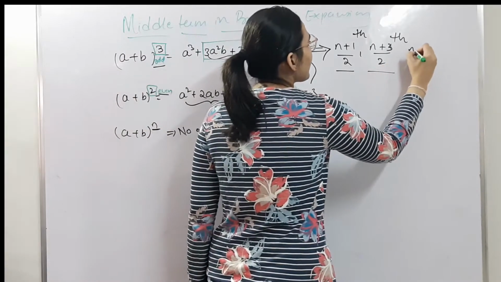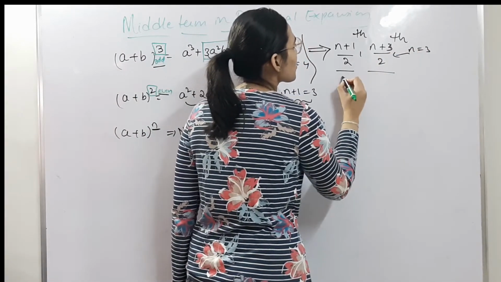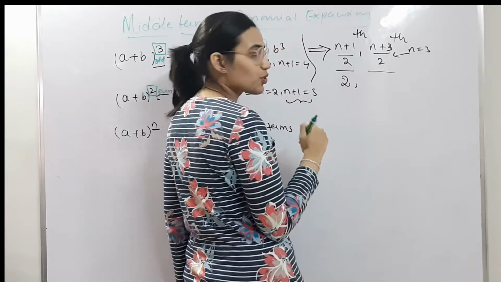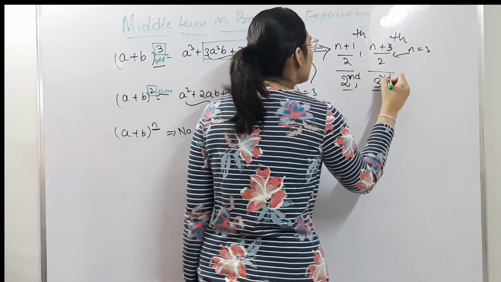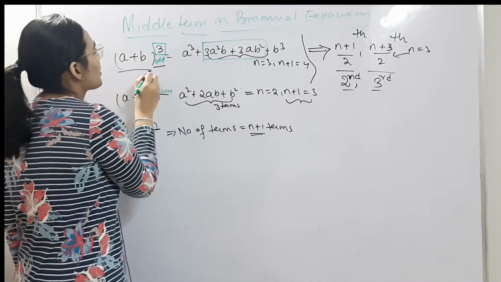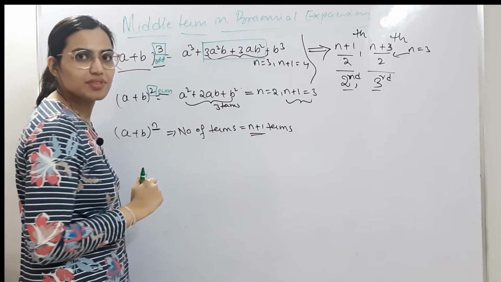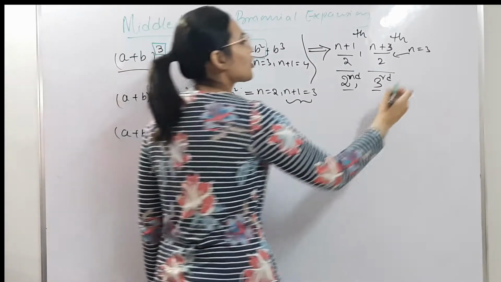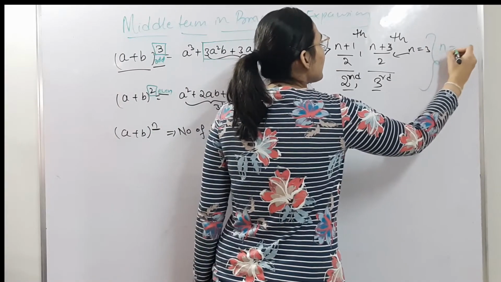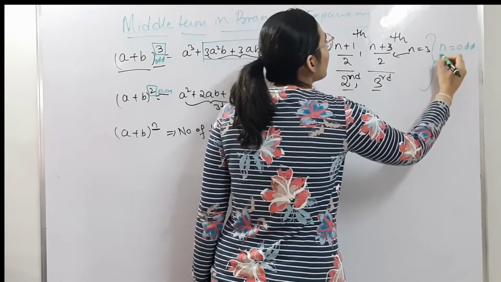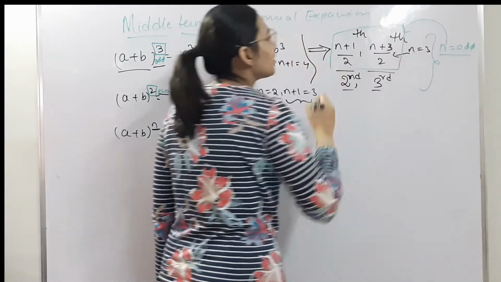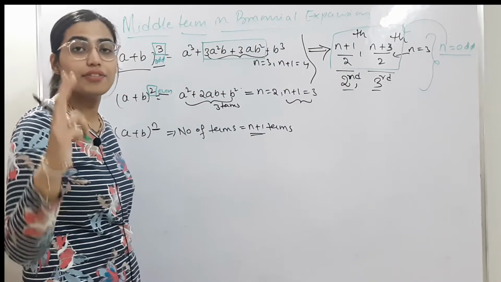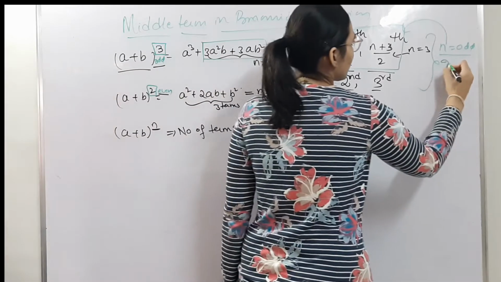If you put n as 3 in this, (3 + 1)/2 is 2 and (3 + 3)/2 is 3. So the second and the third terms of the binomial expansion of (a + b)^3 are the middle terms. That means, in short, whenever n is odd, the middle terms of the binomial expansion are these two. We'll have 2 middle terms, okay?